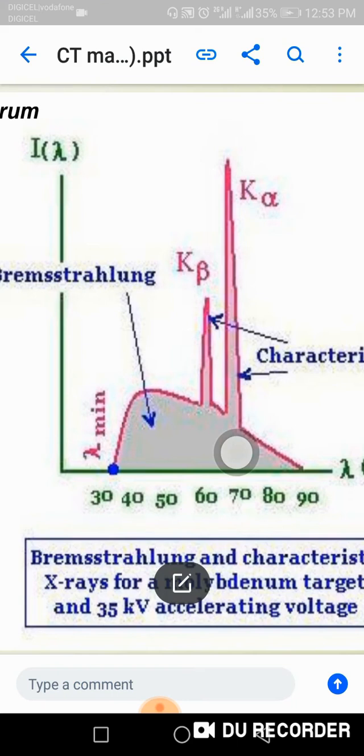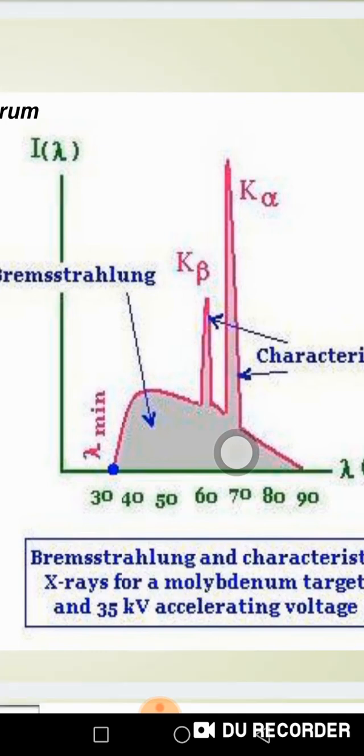If it interacts with an electron, it results in the ejection of an electron from the K shell, creating a gap. This results in a difference in energy, or the transition of an electron from a higher orbit to a lower one, producing the X-ray, which I call characteristic X-ray. So what do I rely on in the imaging process? I rely on Bremsstrahlung X-rays, not on characteristic X-rays.